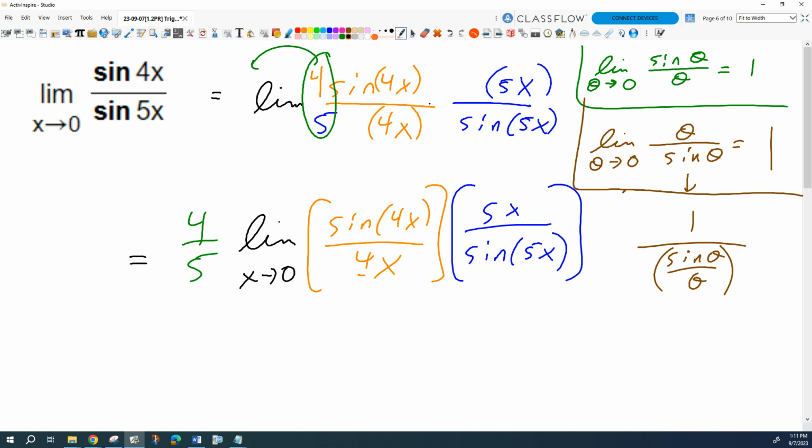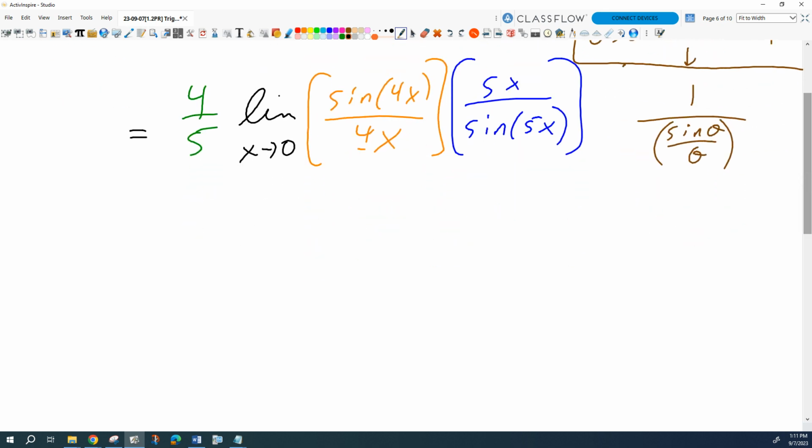Give me thumbs on that statement. Does that make sense? Ashton, does that make sense? Yeah. Okay, any questions? So how is this changing then? We get 4/5 times the orange limit, and in the orange limit, as x goes to 0, so does 4x.